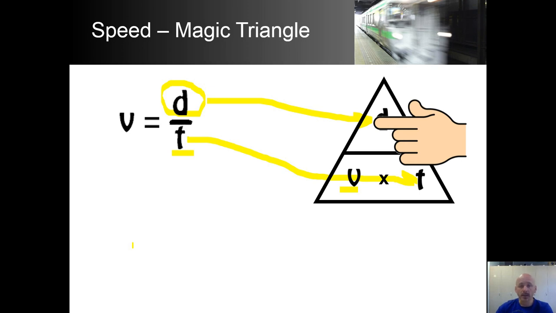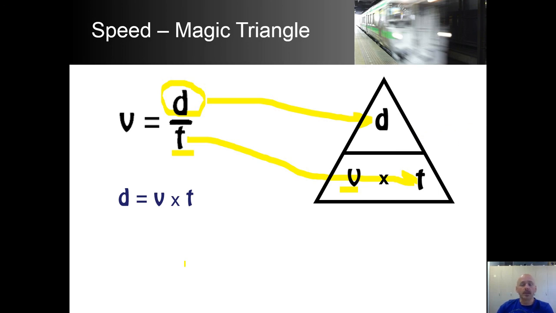So if you've got a question that asks you to determine the distance, cover up the d, and from the triangle we can say d equals v times t. Now, if we wanted to solve for t, we take our finger and cover up the t. That means our formula for time is t equals d over v. All very simple.